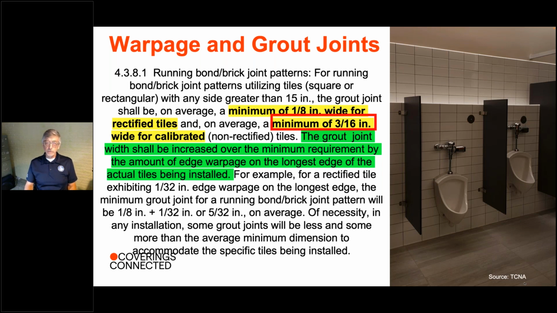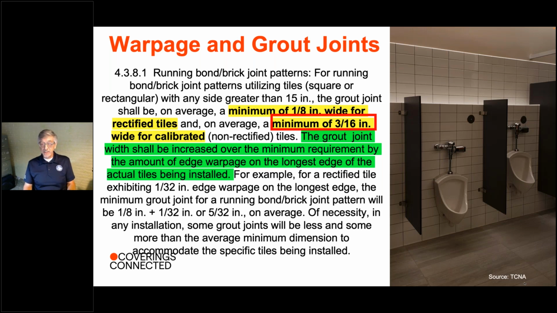For calibrated tiles that have at least a 15-inch long side, you need a 3/16 inch wide grout joint. This is right in the tile industry standards. And what I've highlighted in green is that you need to open up that grout joint to accommodate any acceptable or allowable warpage that's within that tile.